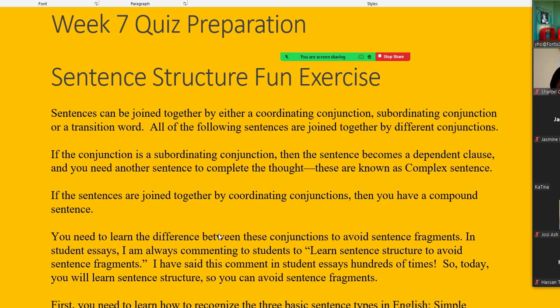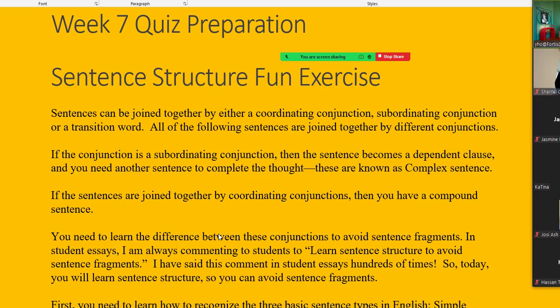So sentences can be joined together by either a coordinating conjunction, subordinating conjunction, or a transition word. All of the following sentences are joined together by different conjunctions. If the conjunction is a subordinating conjunction, then the sentence becomes a dependent clause, and you need another sentence to complete the thought. These are known as complex sentences.